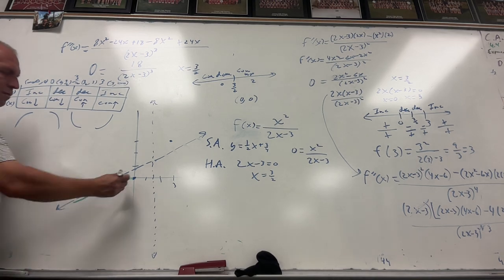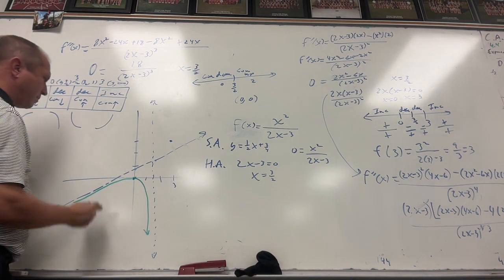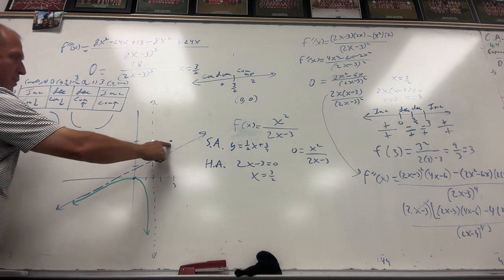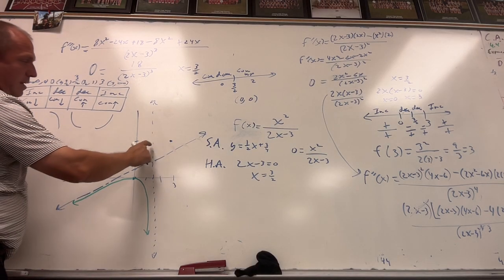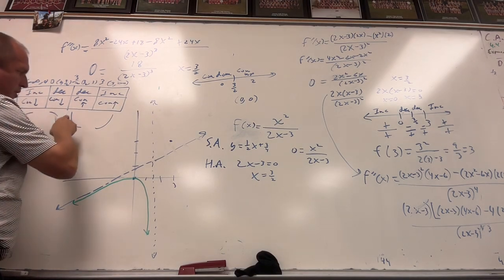Now we start decreasing once we pass zero, and stay concave down, so again, it's got to hug that asymptote. All right, now we decrease to the 3, and we've got an asymptote here, so we better be starting up here, and we're taking on this shape right here.